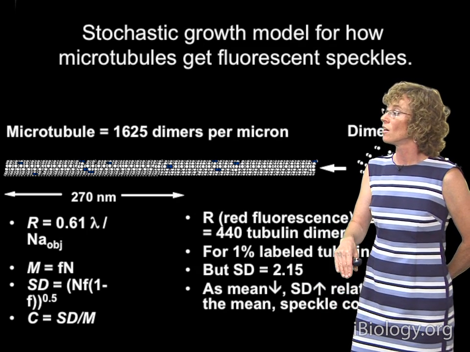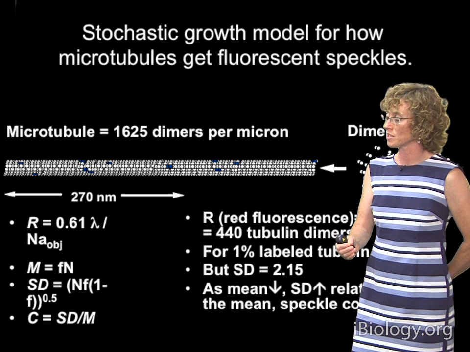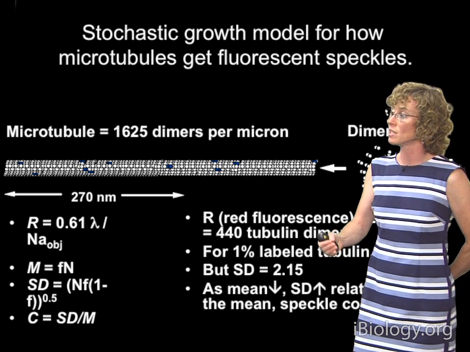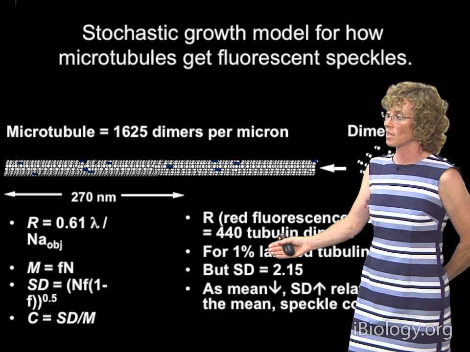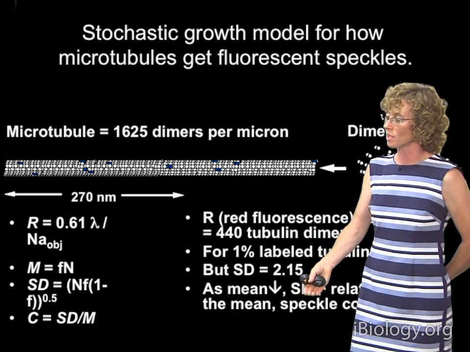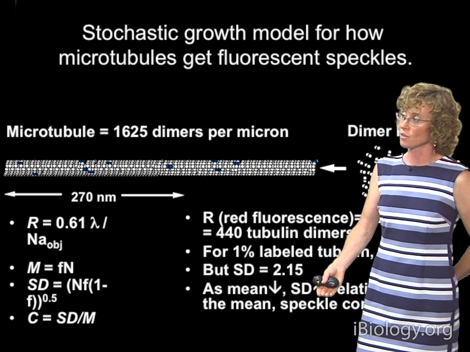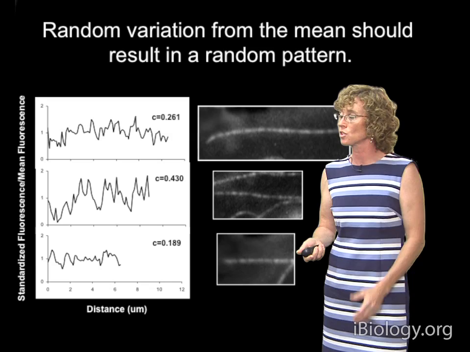This high standard deviation of the number of fluorescent dimers per diffraction-limited image region, relative to the predicted mean fluorescence based on the fraction of fluorescent and non-fluorescent tubulin, is what gives rise to the fluorescent speckled appearance of an individual microtubule.